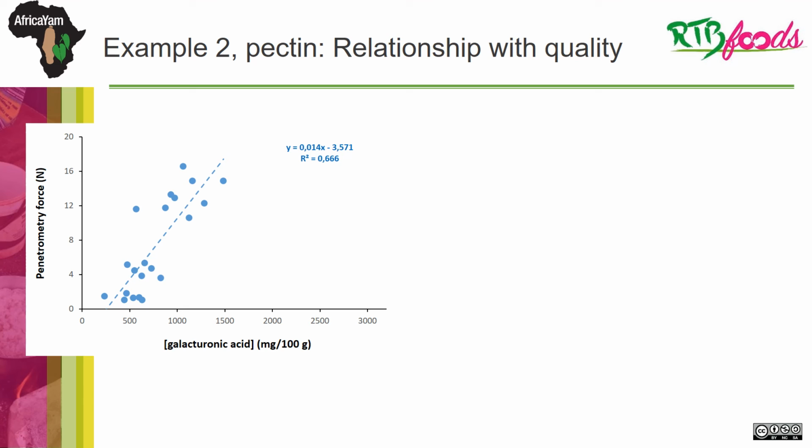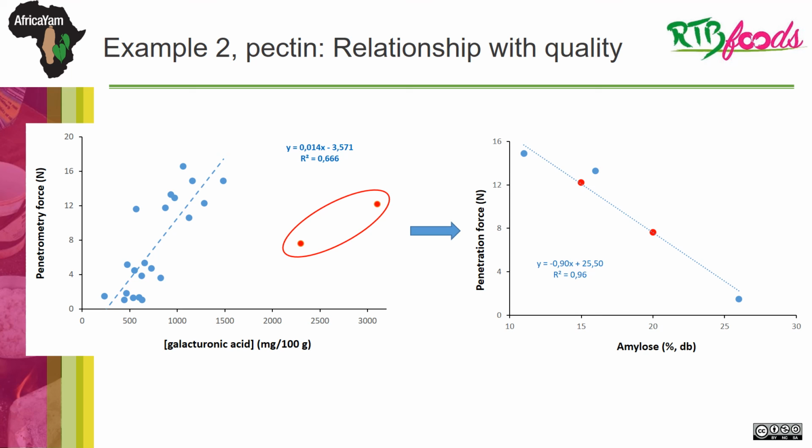So we try to establish a relationship with quality, and you can see there is a quite good correlation between pectin content and penetrometry force after boiling of yam. But there are however some outliers, and you can see here 2 values obtained with the same cultivar, 2 tubers of the same cultivar, and these tubers have quite high pectin content, but quite moderate penetrometry force.